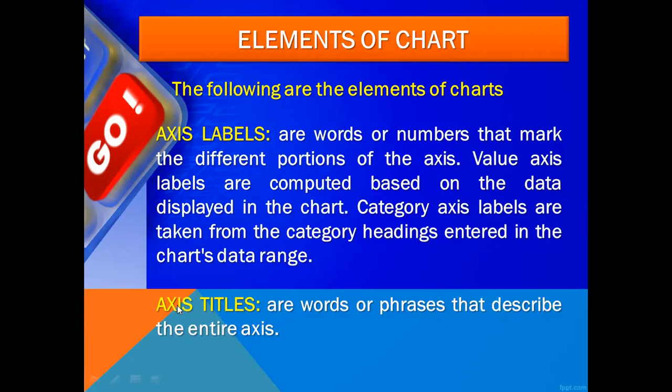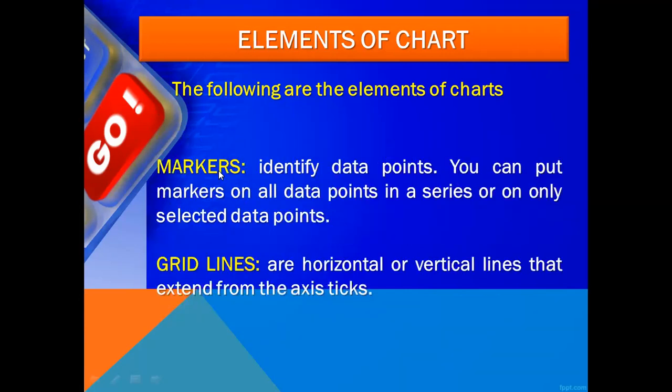Axis titles. What is an axis title? These are words or phrases that describe the entire axis. Whether you use the x axis or y axis, vertical or horizontal, it is the title that labels the chart.